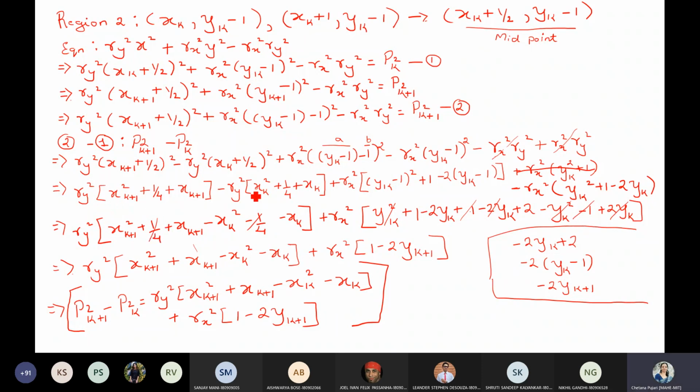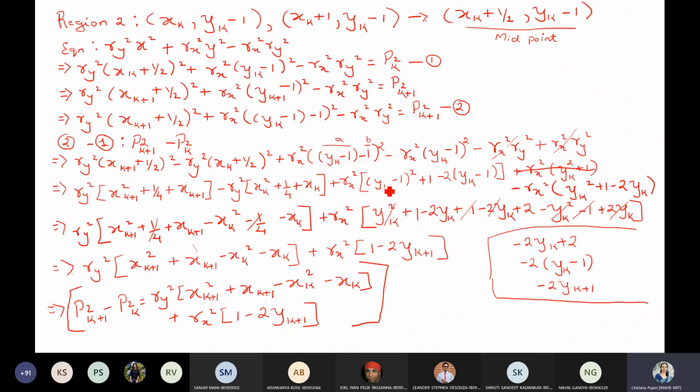Okay. So next, let's combine your ry terms, ry square. Let's just take ry common and combine these two. Once you combine, you'll get this. Then 1 by 4 minus 1 by 4, we can cut those two. And this is rx square, rx square, so let's take rx square common. Whatever terms you have are within this.